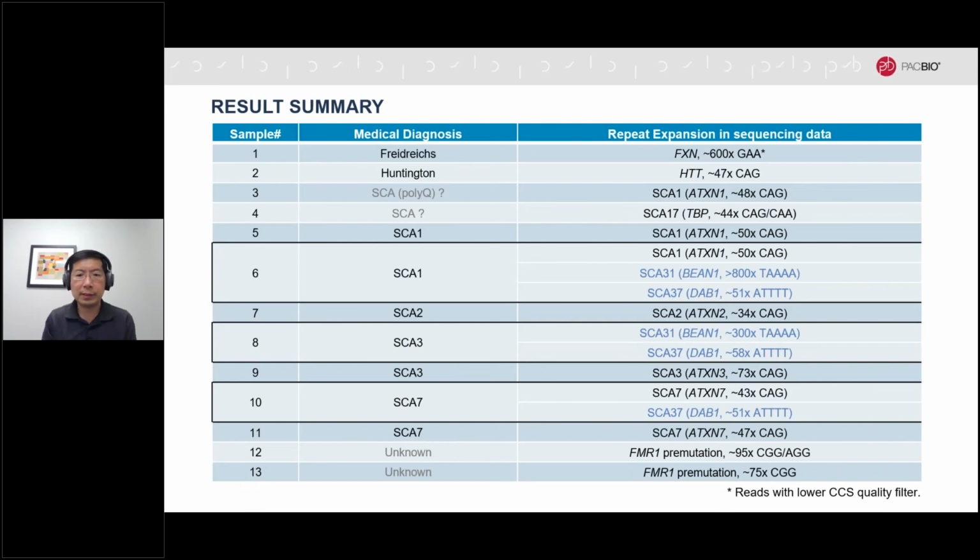And for the last 2 undiagnosed samples, we see FMR1 premutation repeat expansion in the sequencing data. Other than the pathogenic repeat expansions, we see repeat expansions with normal sequences in the SCA31 and SCA37 regions in 3 of the samples.